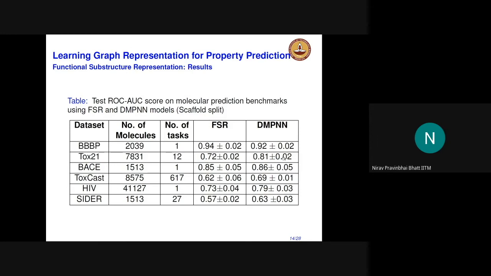Sometimes it is performing worse, but not really bad. Sometimes it's performing as well. And we found that FSR works quite well in many cases and actually outperforms DMPNN. Currently, we are still working on the FSR and trying to improve it.